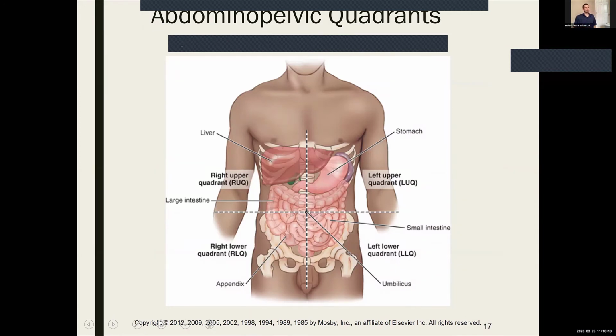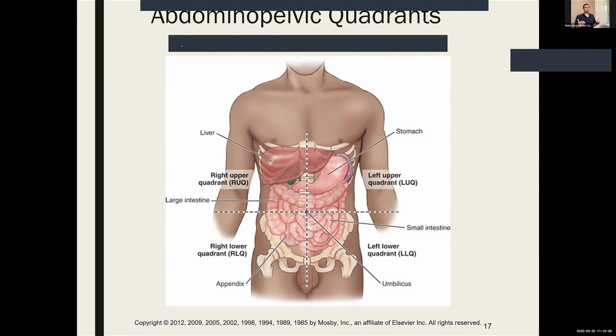Now, when we look at the quadrants, this narrows it down a little bit more, because if you look at your lower quadrants, you pretty much are just going to be looking at your lower intestines, and then your bladder. Okay, cervix, female reproduction, male reproductive as well.